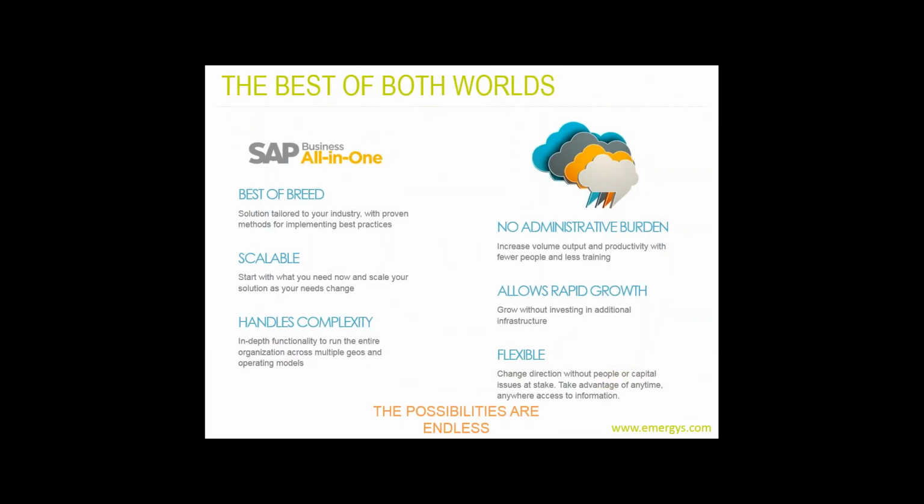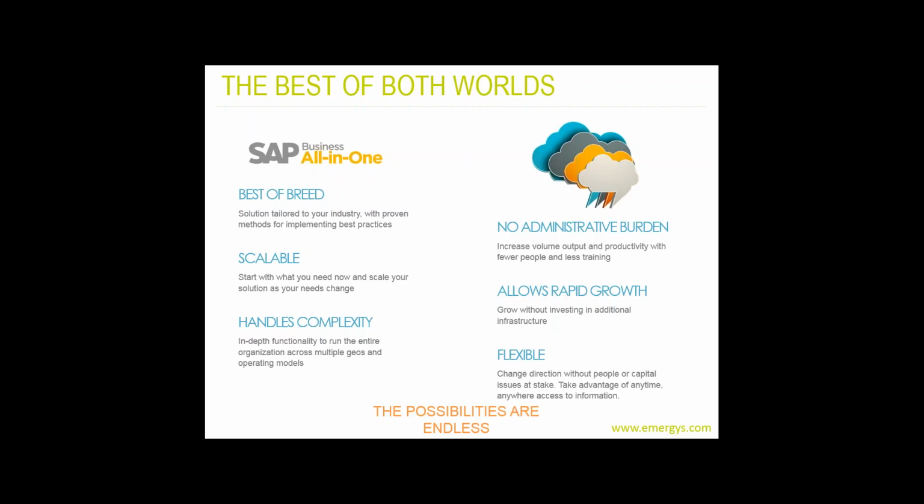The other thing is Emergis can offer some options as far as how we deploy. SAP is a best-of-breed solution. It's scalable for whatever size. I showed that with the pyramid. There's billion-dollar companies using it all the way down to small and medium-sized environments. It can obviously handle complexity or it wouldn't be able to support over 26 industries.